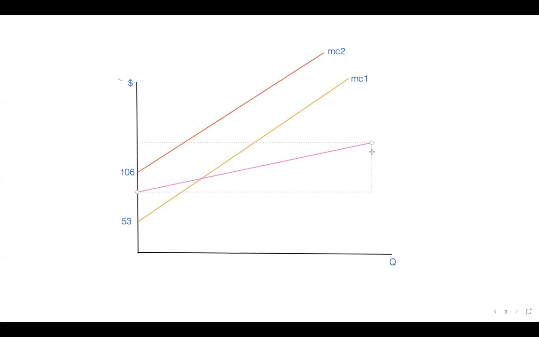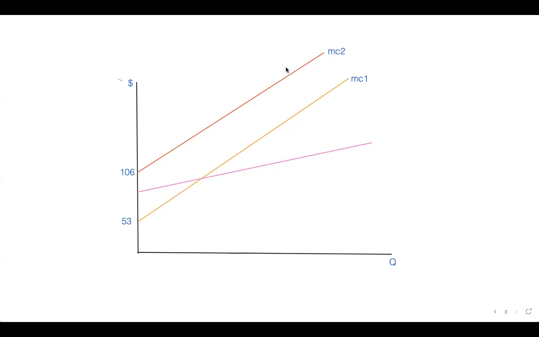Okay. And so we could actually call this something else. It's a joint cost function, but it assumes that they're both going to be producing all the time.